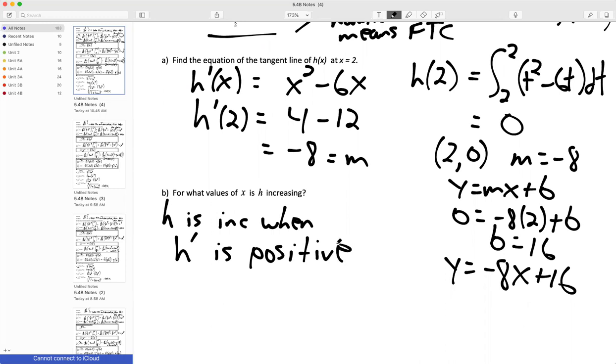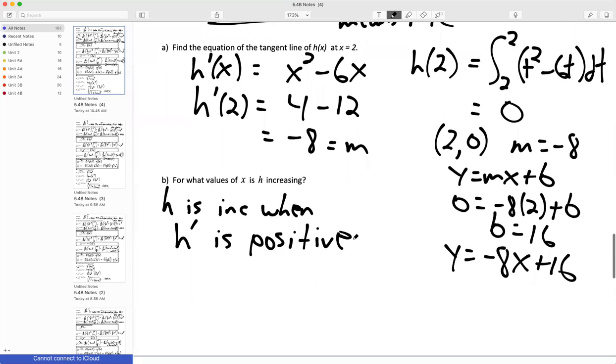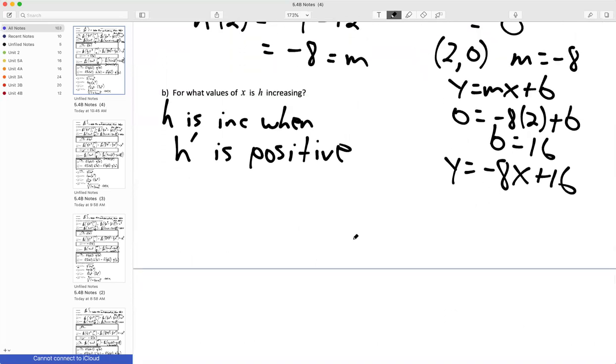So how do I find when h prime is positive? How do I find critical points? Do the derivative again. Hold on, so h prime of x is equal to x squared minus 6x. And so what do I do?